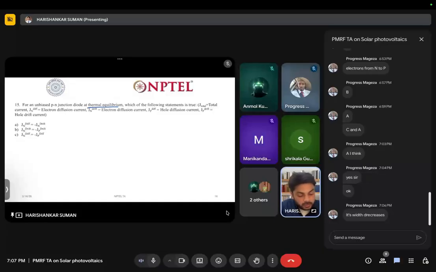J total is the total current, J drift, electron diffusion and drift. This is diffusion and drift current also, for both electrons and holes. So here we have 4 options. At equilibrium, what will happen?